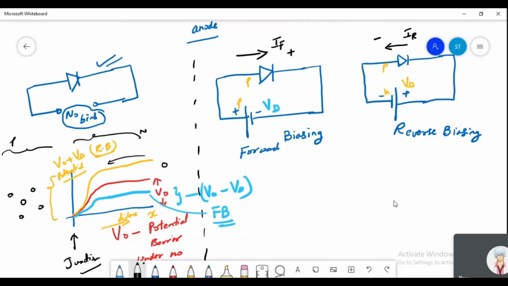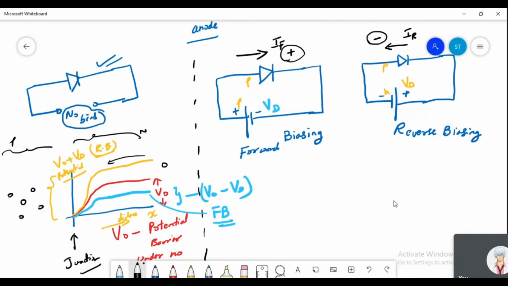So later, when we solve problems and come up with an answer, the sign is going to be sometimes negative or sometimes positive. By looking at the sign, we must be able to tell whether the diode is forward biased or reverse biased. So that is the significance of putting a sign to the flow of currents.